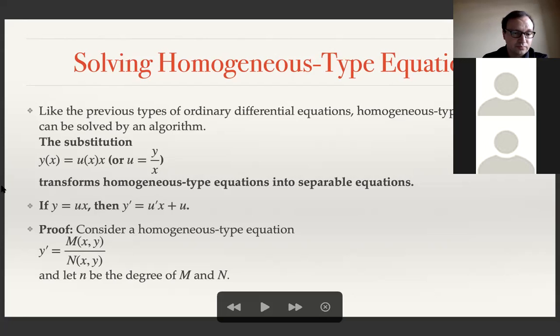So if y is equal to ux, then by the product rule, y prime is equal to u prime x plus u times x prime. And since x is the variable, x prime is 1. So y prime is equal to u prime x plus u.